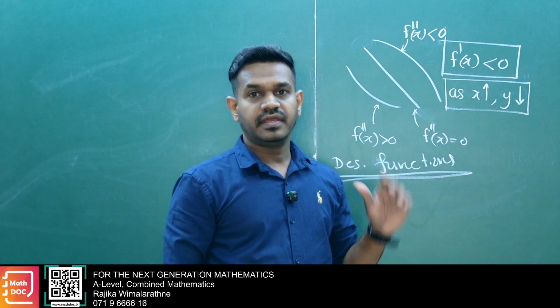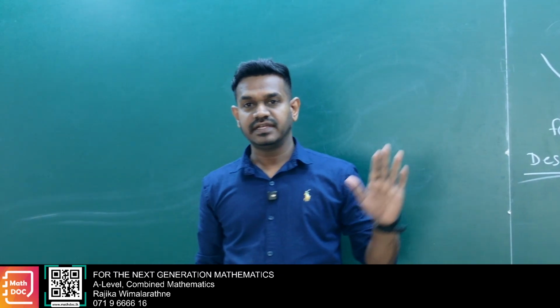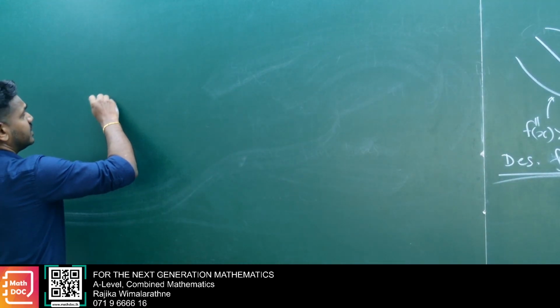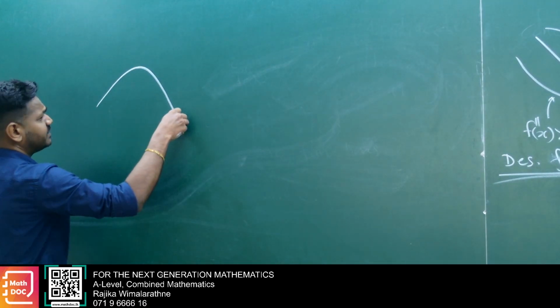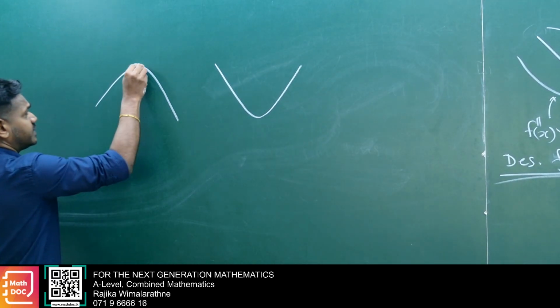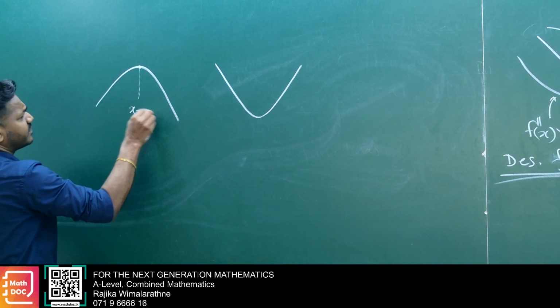Okay. Now, next part. See this one. You consider maximum and minimum. So take this point, the corresponding x coordinate is x equal to a.